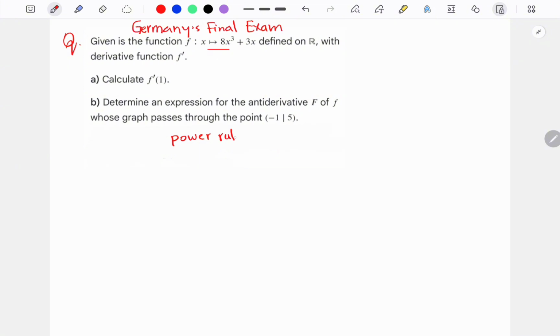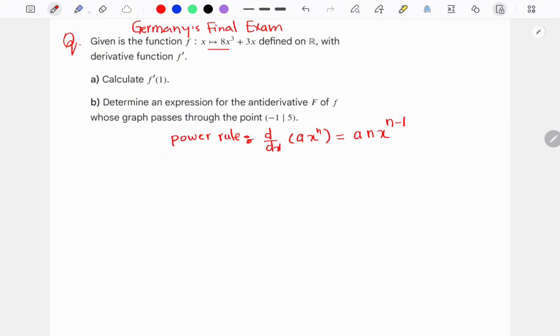Power rule of derivative is defined as d by dx of a x to the power n is equal to a n x to the power n minus 1.